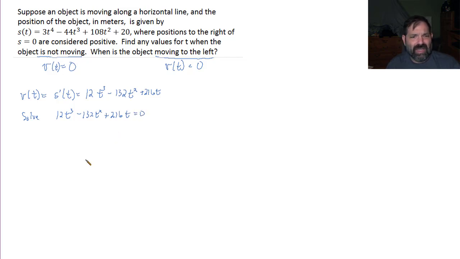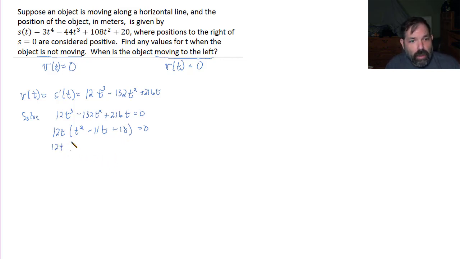Let's see. I know I can factor out a 12 from 132. It's 12 times 11. And 216, is it divisible by 12? I think so. It is. So I can factor out a 12t, leaving t squared minus 11t plus 18. Now this trinomial, t squared minus 11t plus 18, is relatively easy to factor.